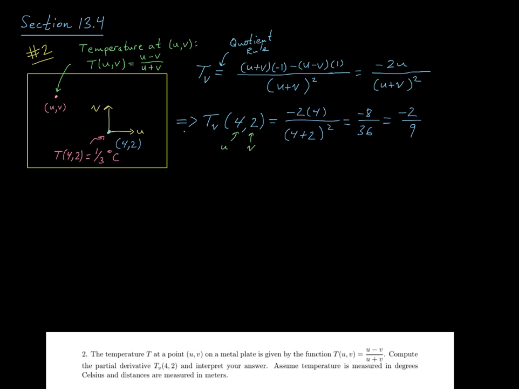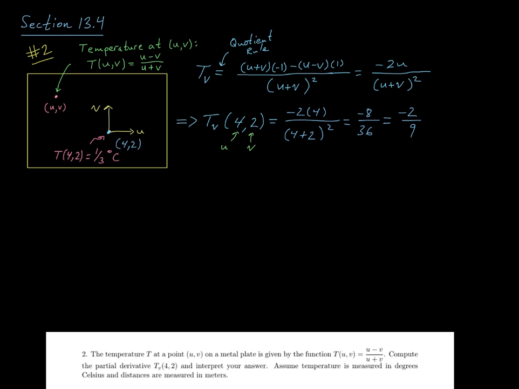So at this particular location, the temperature is 1/3 of a degree Celsius, so pretty much freezing. And then, since I see that the v derivative of my temperature function is negative 2/9, that's telling me that if I move in the v direction, my temperature will be decreasing at this rate, at least in an instantaneous sense, leaving this point (4, 2).